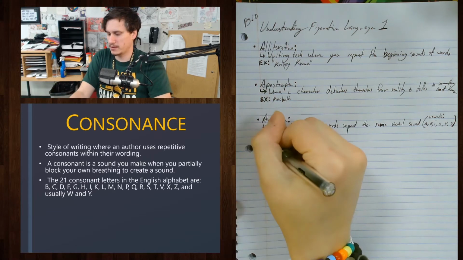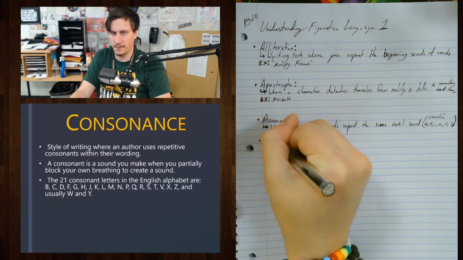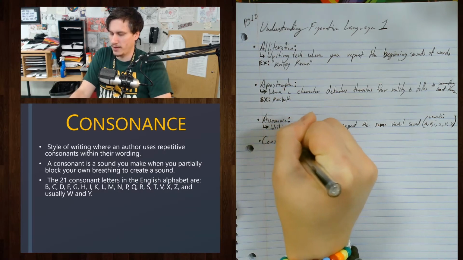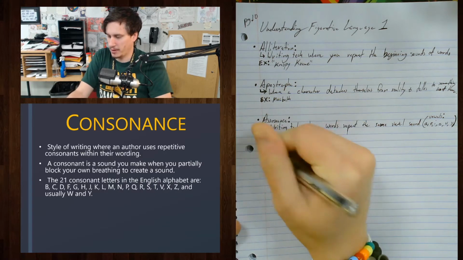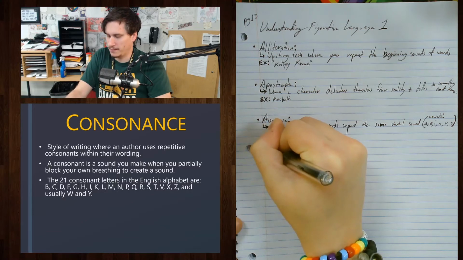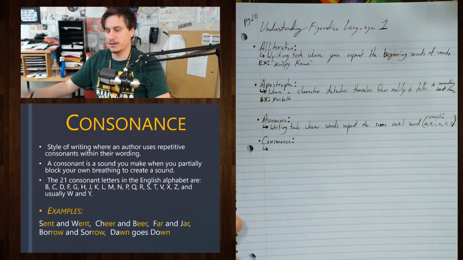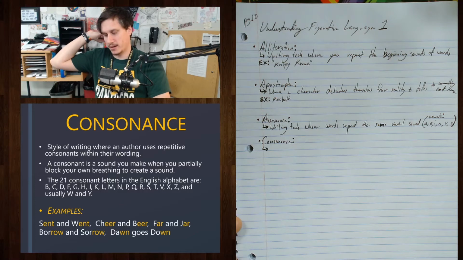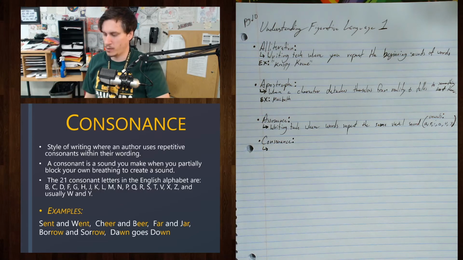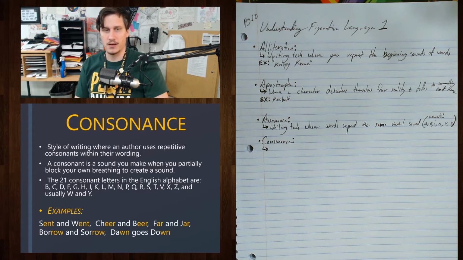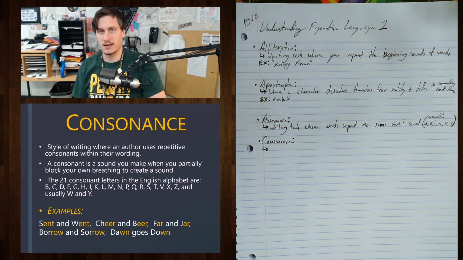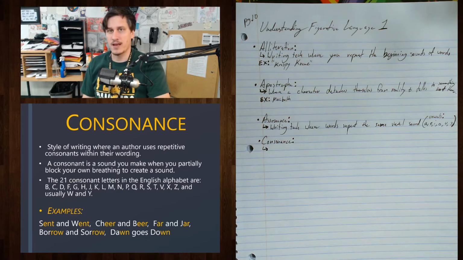So consonance is going to be pretty similar. If that was a little quick for you, I will review both in just a second. So consonance is where you're basically going to have repeating words with the consonant sound. And if you don't know what a consonant is, it's where you are breaking your breath early in order to make a sound. So if you say ah, you don't have to necessarily interrupt your breathing to make that sound.